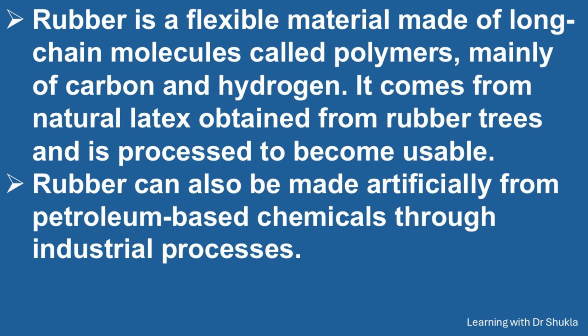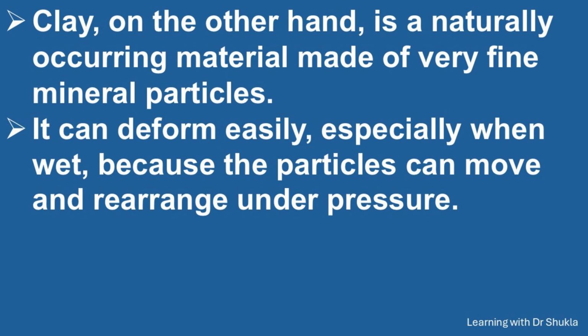Rubber can also be made artificially from petroleum-based chemicals through industrial processes. Clay, on the other hand, is a naturally occurring material made of very fine mineral particles. It can deform easily, especially when wet, because the particles can move and rearrange under pressure.